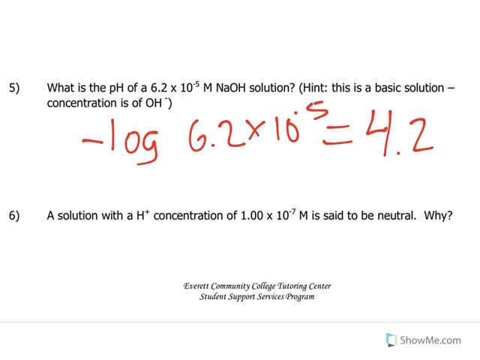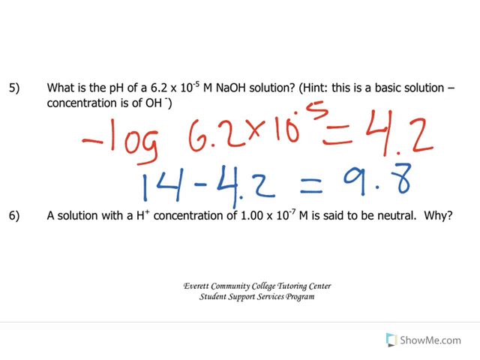Now, we don't want pOH, we want pH, so we do 14 minus 4.2, and that is going to be equal to 9.8, if I did my math right. So our pH is 9.8. The reason we did it that way is because with the base we had to do the negative log, which gave us the pOH, and we had to convert that to pH.